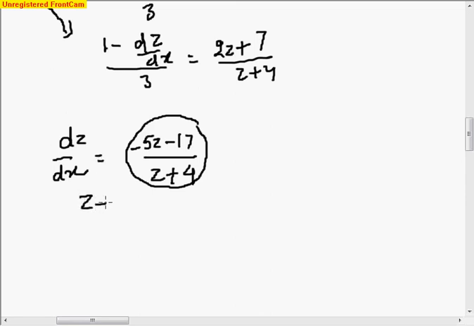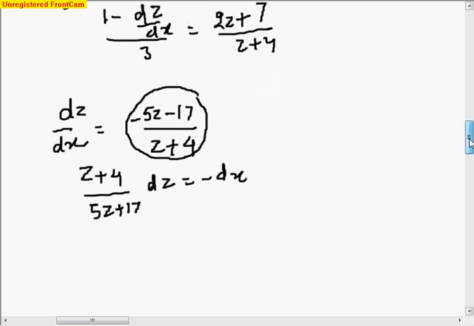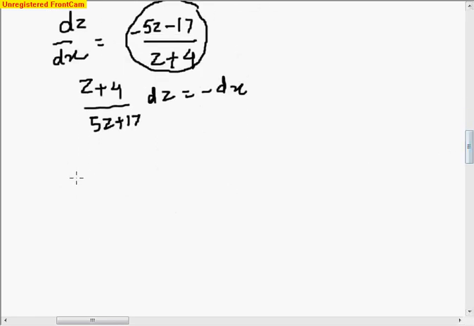This is (z + 4)/(5z + 17) dz = -dx. So now what to do? Now you know how to integrate this thing. I will multiply and divide with 5. All of you must be very good at integration.